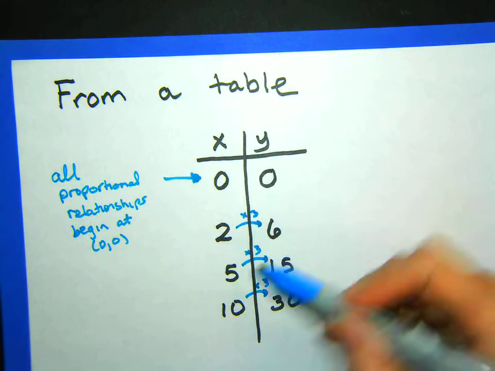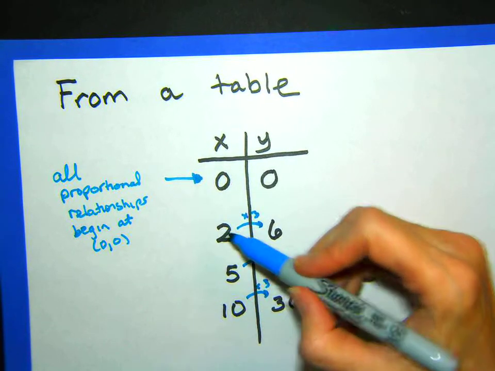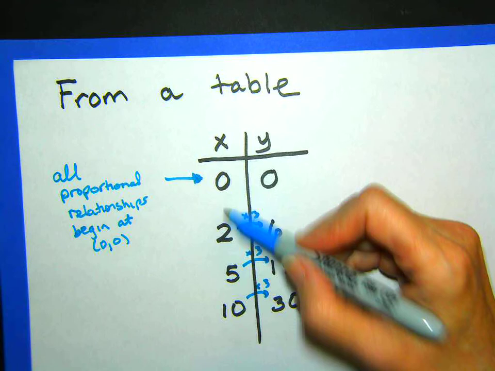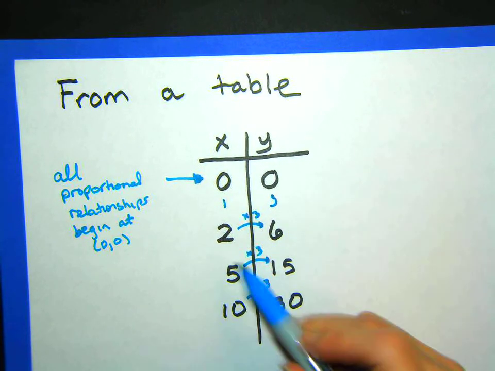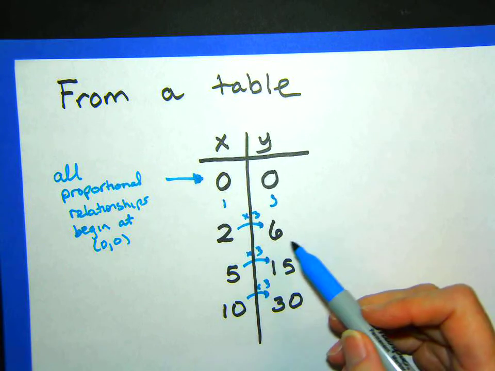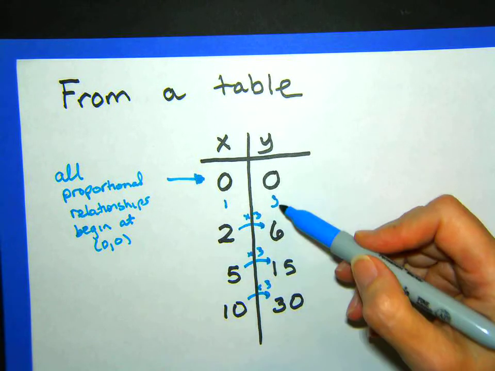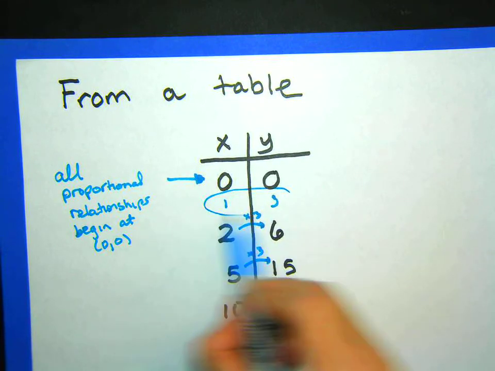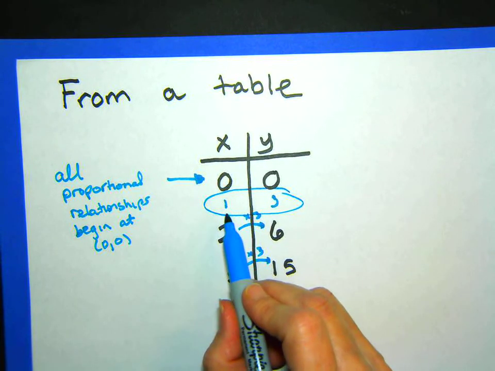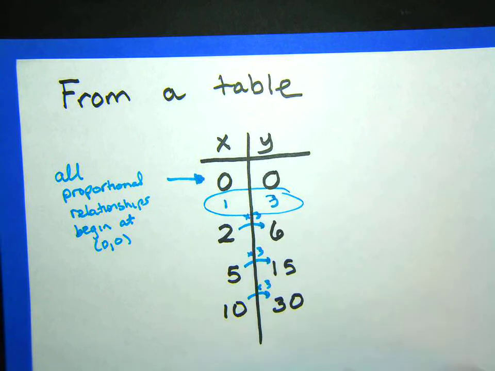Also, they learned that if they worked backwards, like maybe by dividing this 2 in half, this would have been a 1 and this would have been a 3. Like if 2 cups of rice served 6 people, then 1 cup of rice would serve 3 people. They learned that when they got to the place where 1 was the x value, this y value was called the unit rate: 1 cup of rice for every 3 people.